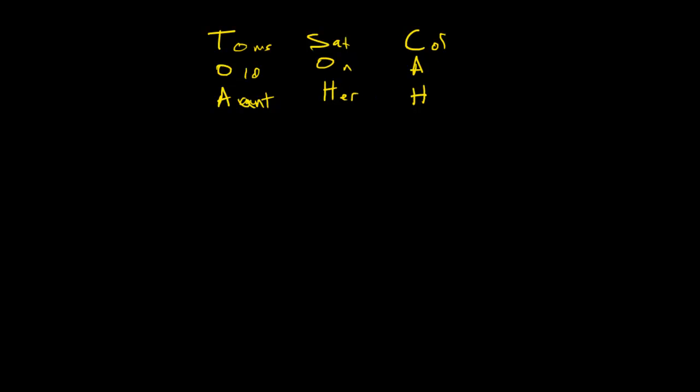I remember the acronym: Tom's old aunt sat on her coffin and howled. So I'll write Tom's old aunt, A-U-N-T, sat on her coffin and howled. SOHCAHTOA, there we go.